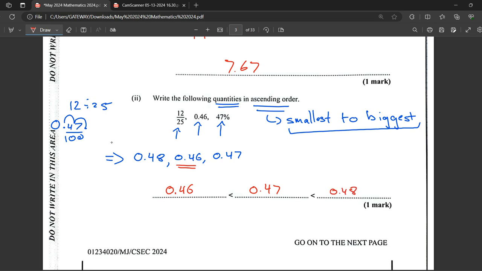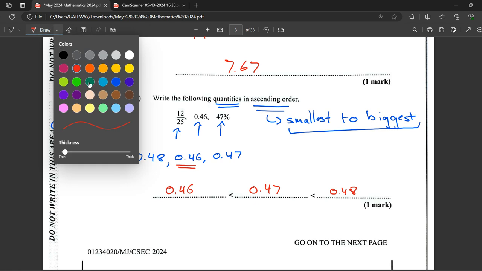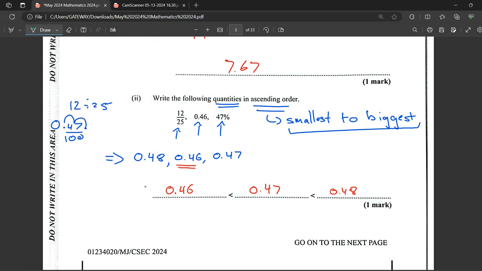But if you want, you could just write it back in the same form that they have inside here. You can leave the 0.46 there, but instead of 0.47, you can write the 47%. Nothing wrong with that. Instead of 0.48, you could write 12 over 25. Same thing, right?